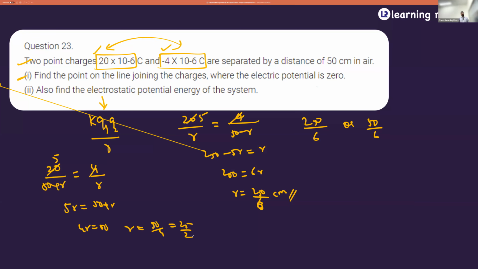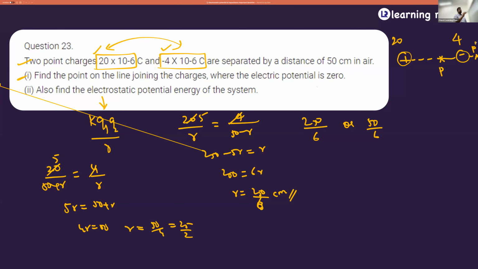So basically the meaning of this problem is, see, you have a 20 microcoulomb charge here and negative of 4 microcoulomb charge here. So this is 4, this is 20. So the point that you're going to consider will be on either side of this 4 microcoulomb charge.